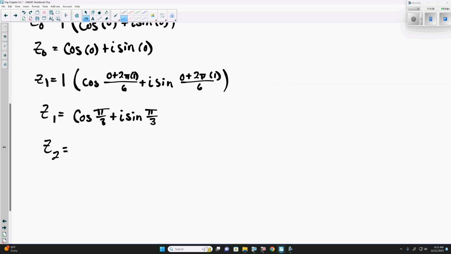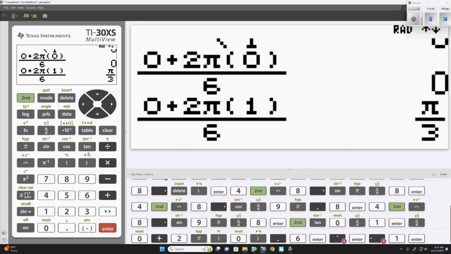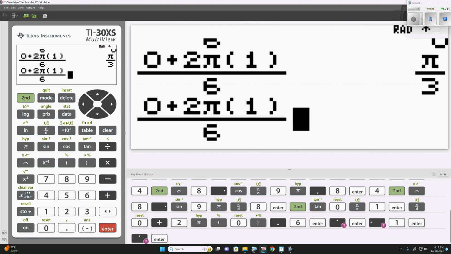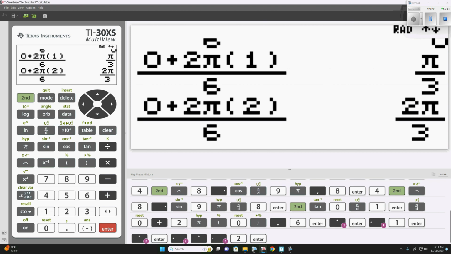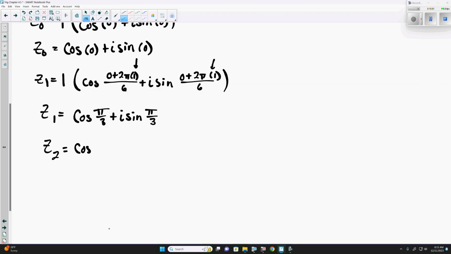Well, z sub 2, the only thing that's changing from the previous one is that instead of having 1, it's going to be 2. The multiplication by 1 is going to simplify, so we'd have cosine of this here with 2 plugged in. So I come up here, type in 2, and get 2 pi over 3.